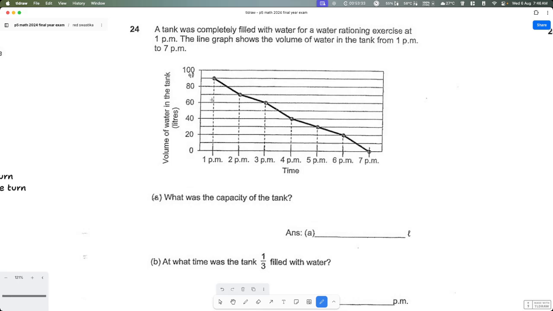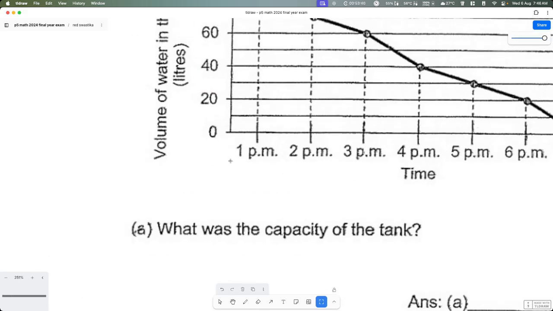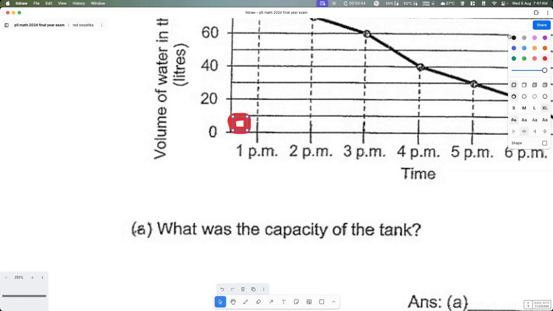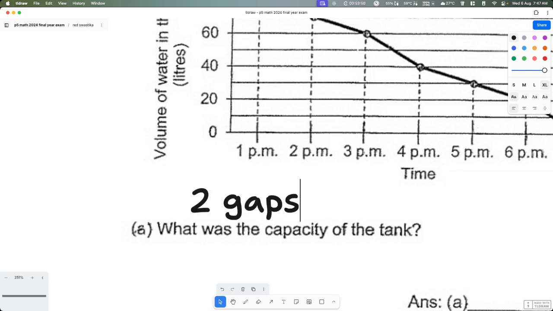So over here at 1 p.m., what's the capacity? So we need to look at the gaps. So the gaps over here, we have two gaps, one and two, right? So that means two gaps, it's very big, is equal to 20, right?